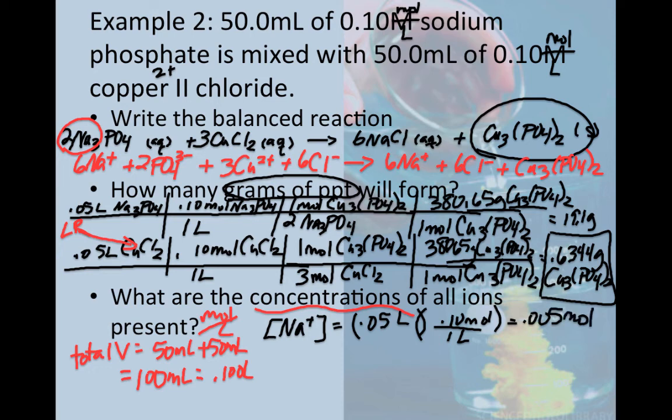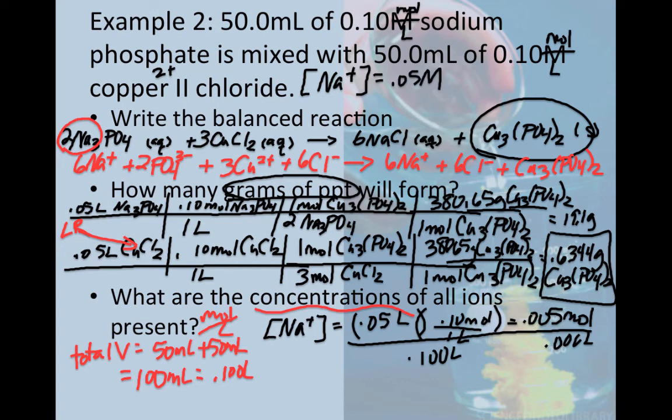And then we'll divide by the total volume. So the concentration of sodium ions, I'm going to keep track of it up here, is 0.05 mole. Now let's do copper. Do I have extra copper? No, copper was a limiting reagent, so I don't have any copper left. Those ions all got captured in the precipitate.